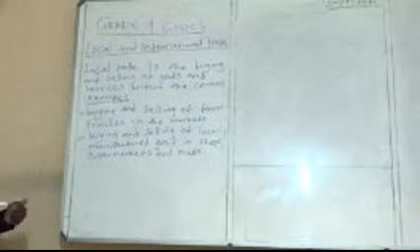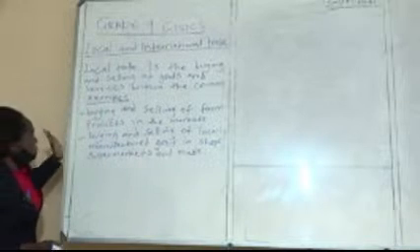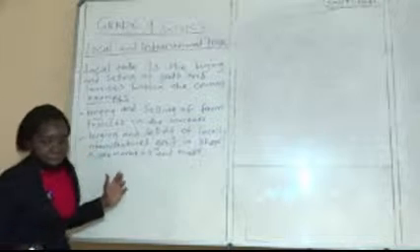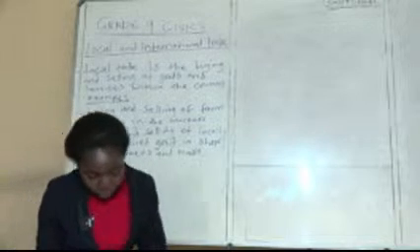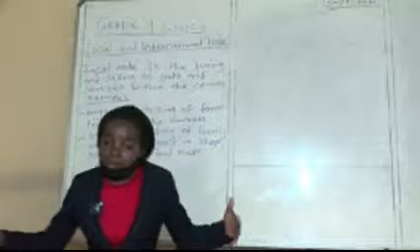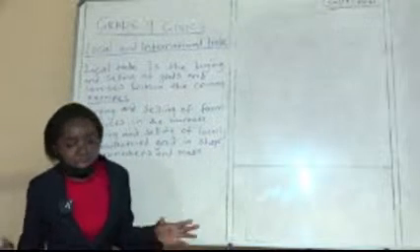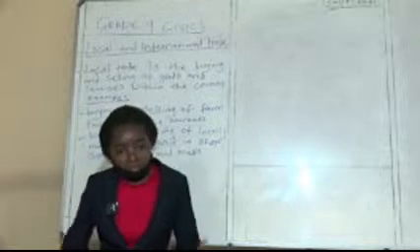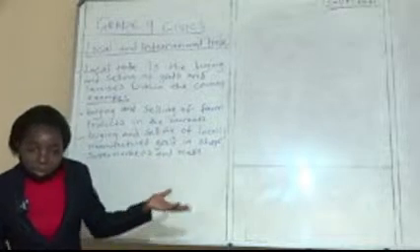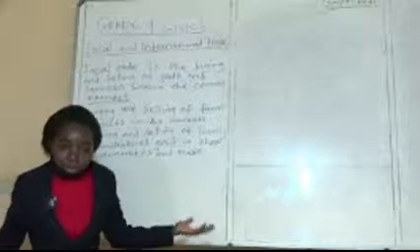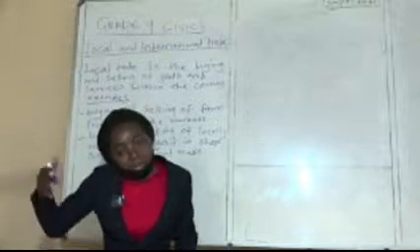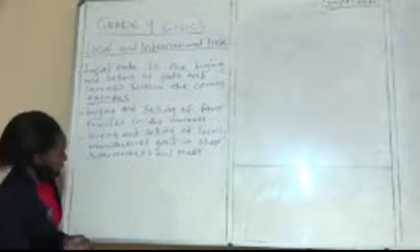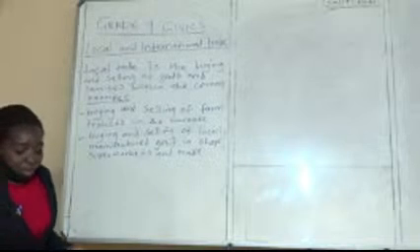This is another example of local trade, buying and selling of local manufactured goods in shops, and examples of those goods that are manufactured local are sugar. We have Nakambala sugar. They produce and manufacture sugar.